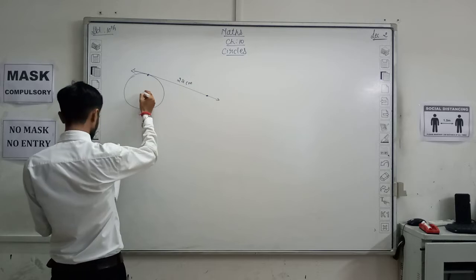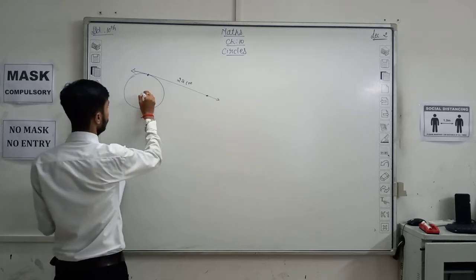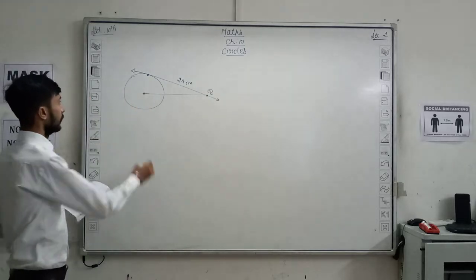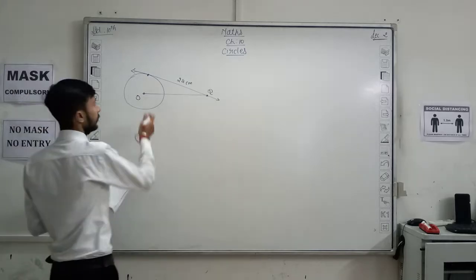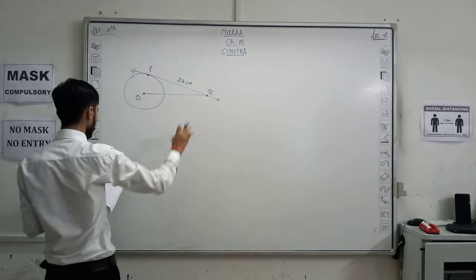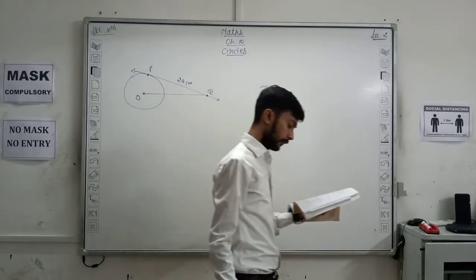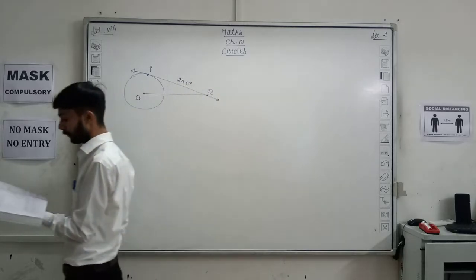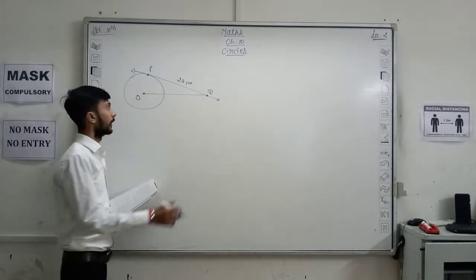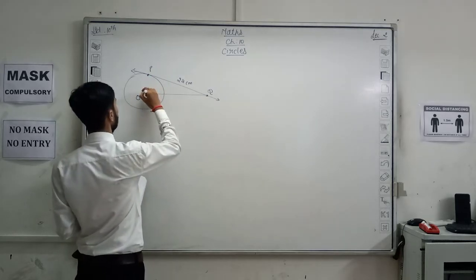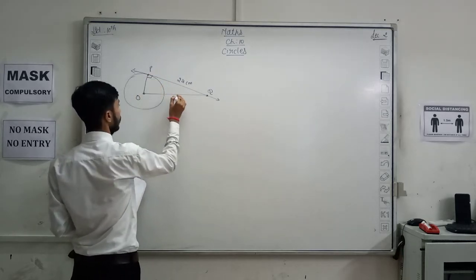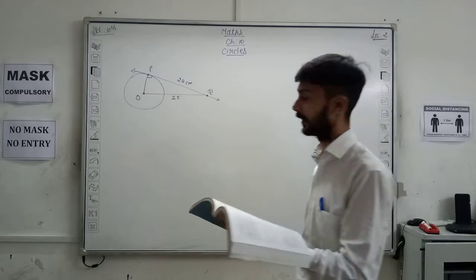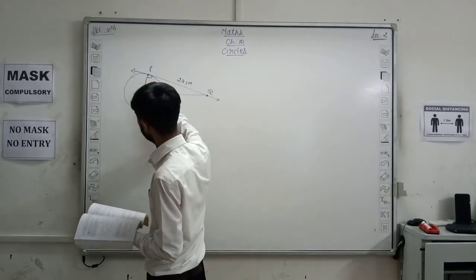Here, Q is a point outside of a circle with center O, and suppose this is P. PQ is a tangent, and the distance of Q from the center is 25. So this is 25. Last time, by using the Pythagoras theorem, you get the radius here.